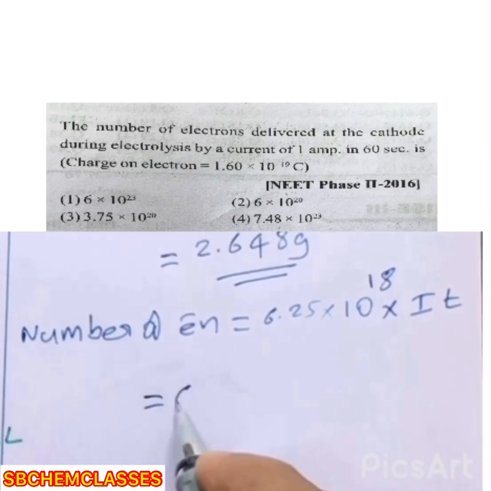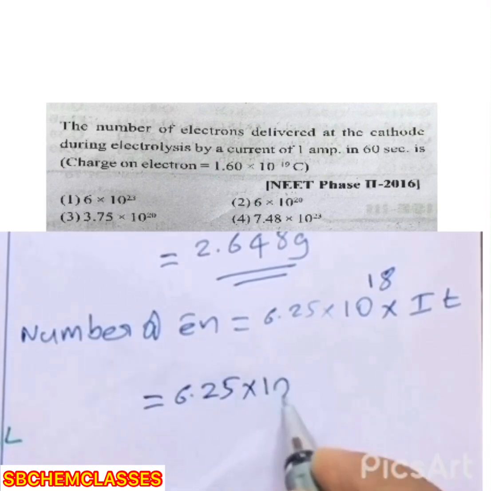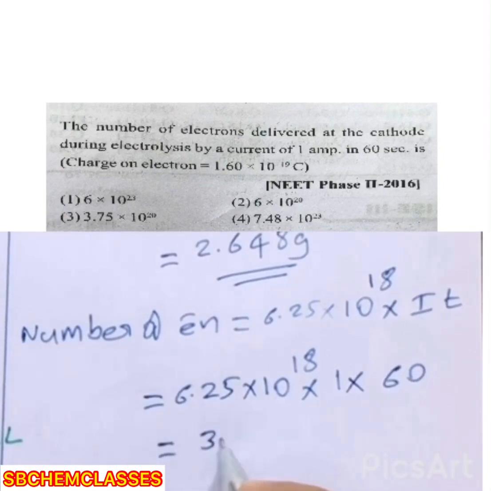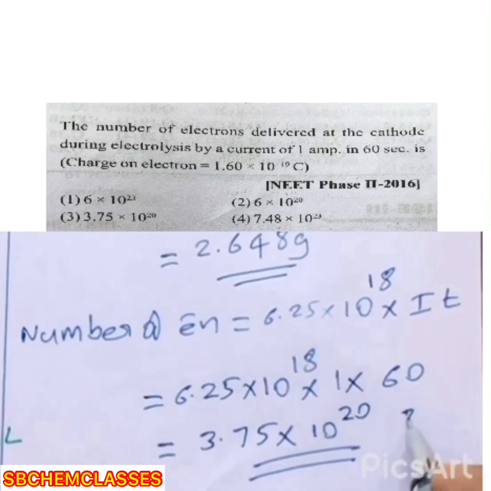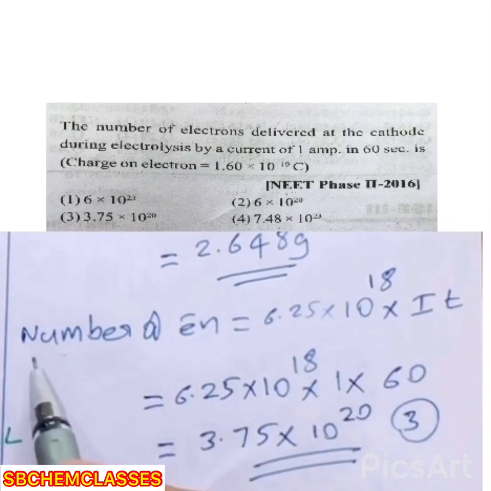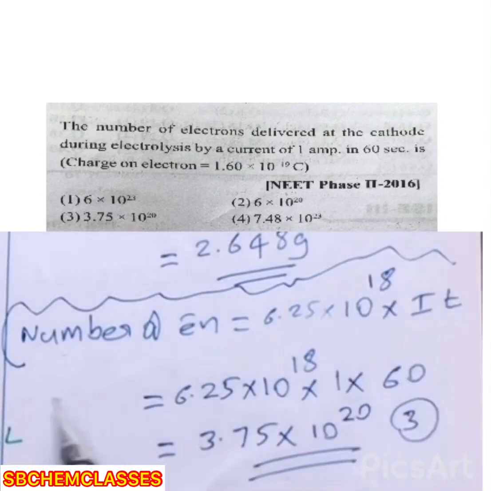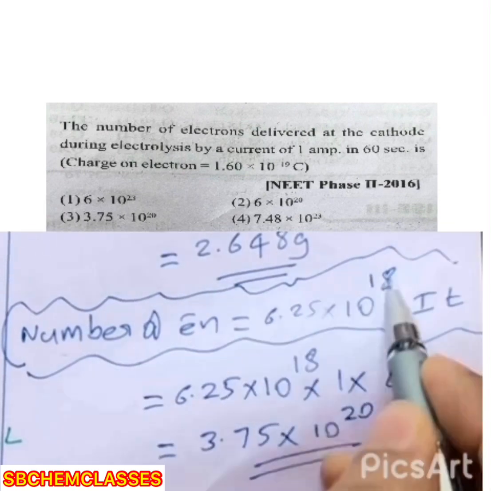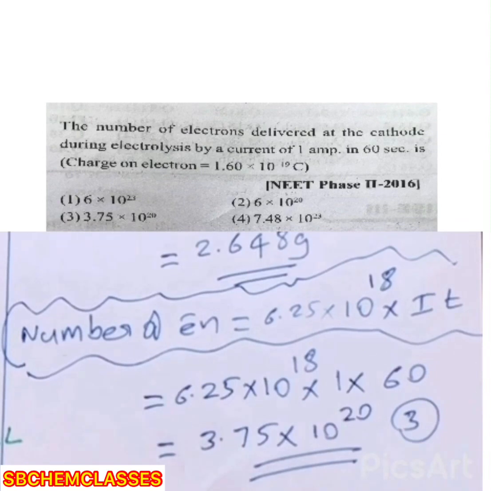So here, 6.25 into 10 raised to 18 into I in ampere is 1, time in second is 60. By calculation, the answer is 3.75 into 10 raised to 20, that is option 3. This equation is derived from Faraday's constant. We have to focus on the equation: number of electrons transferred equals 6.25 into 10 raised to 18 IT.